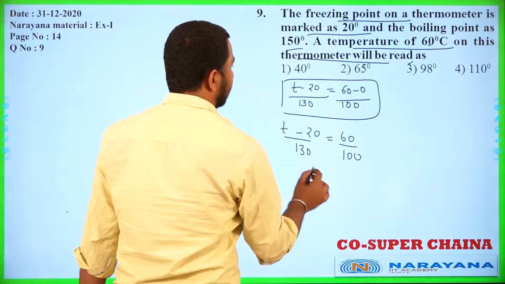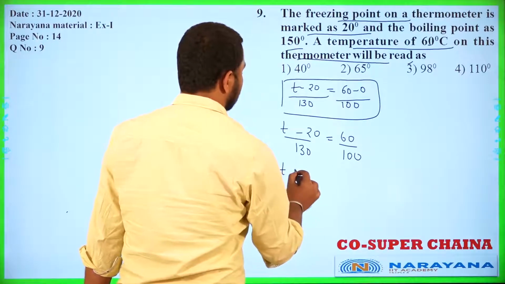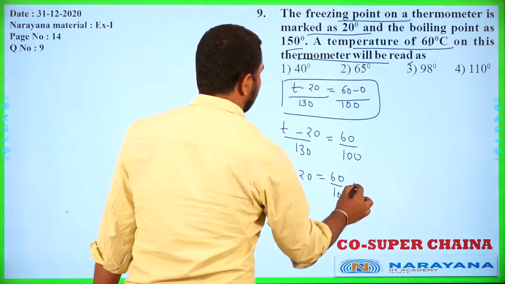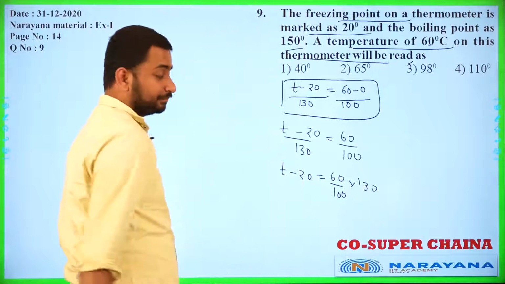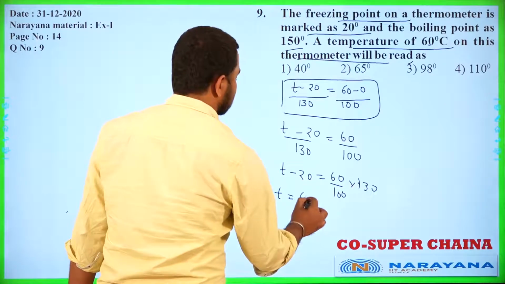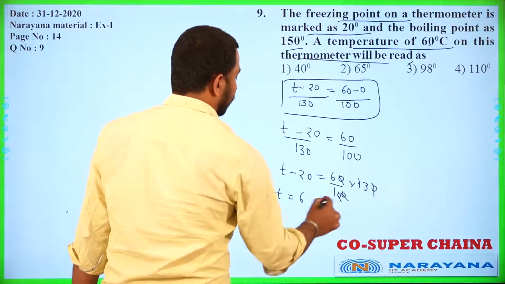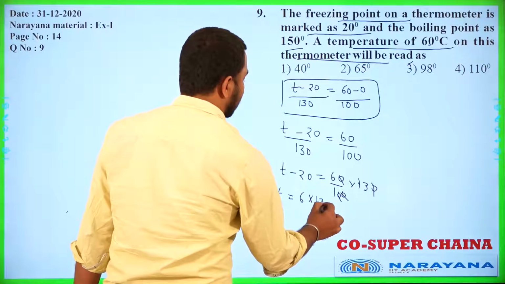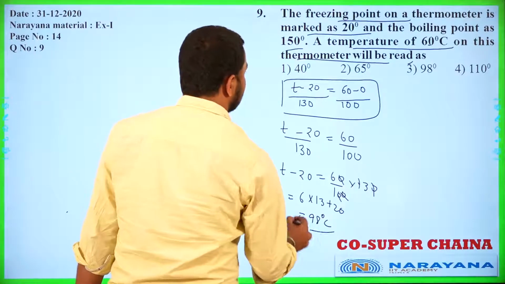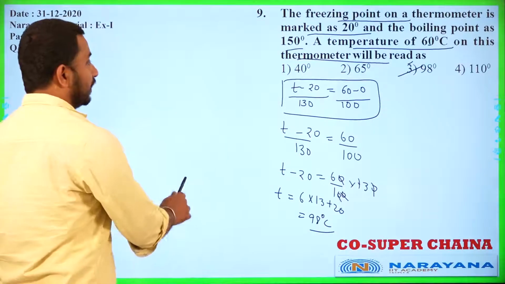So from here you will get the value of T. T minus 20 is equals to 60 by 100 into 130, right? So just plug here 60 by 130. So 6 into 13 plus 20, and that will be 98 degrees Celsius, and that will be the answer of this question. Let's move to the next question.